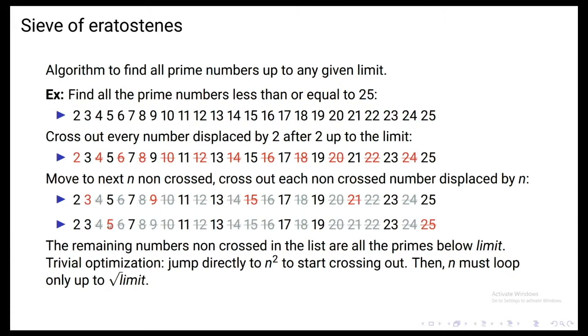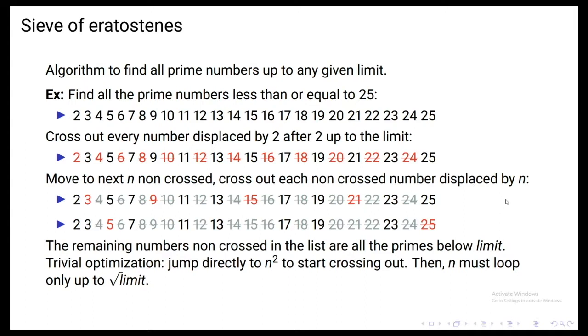So when we reach 5, I jump directly to start crossing out from 5 squared, or 25, and I'm done. All the previous numbers before n squared have already been crossed out in the previous steps, because they were multiples of lower numbers.